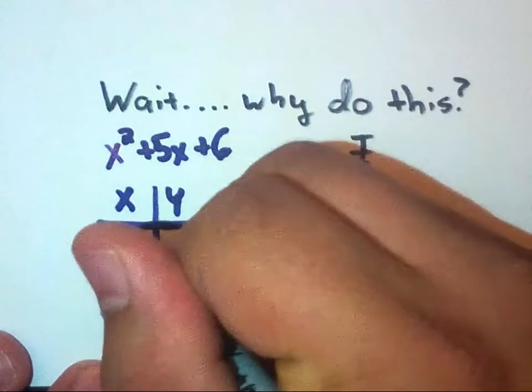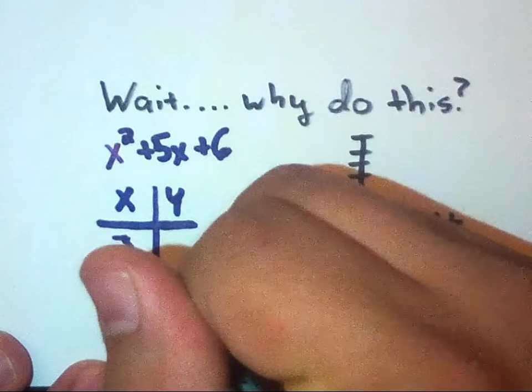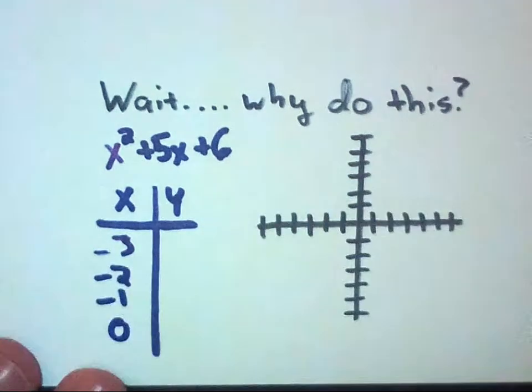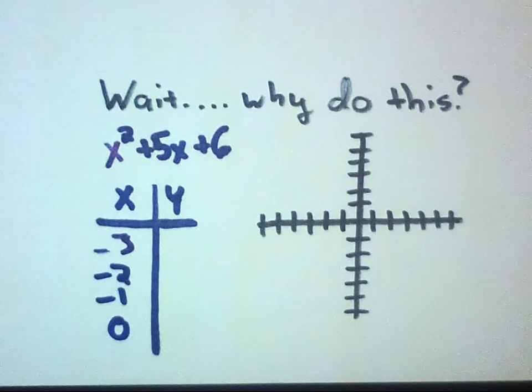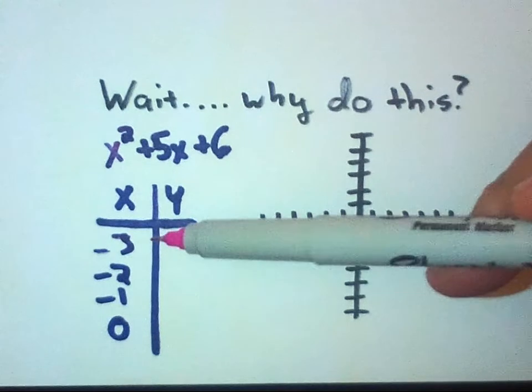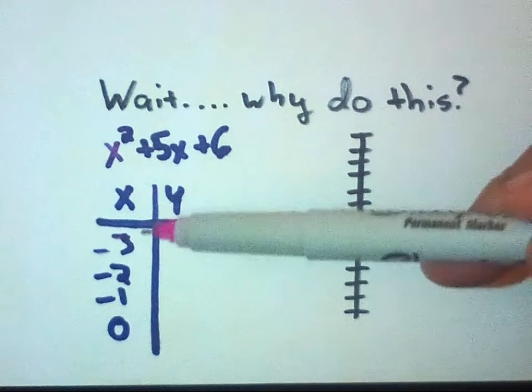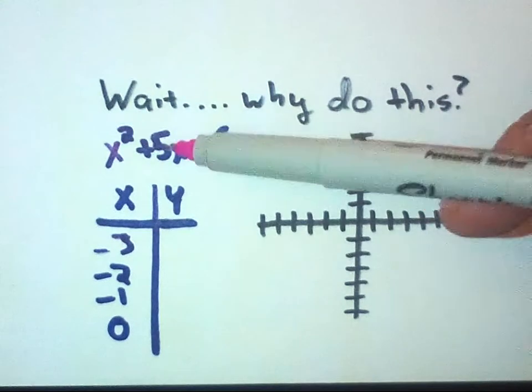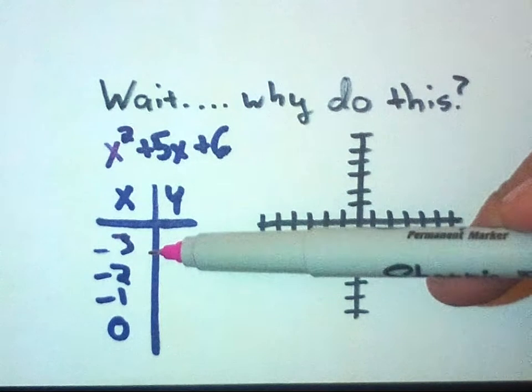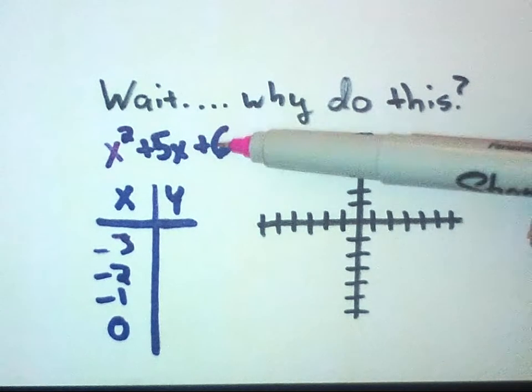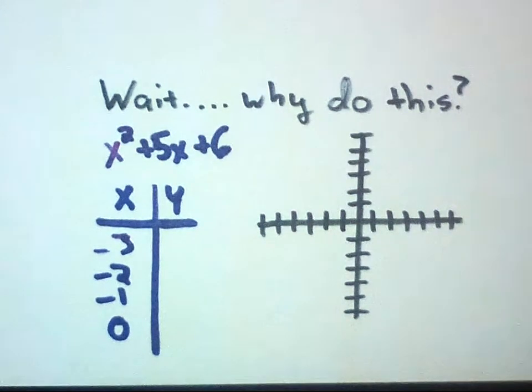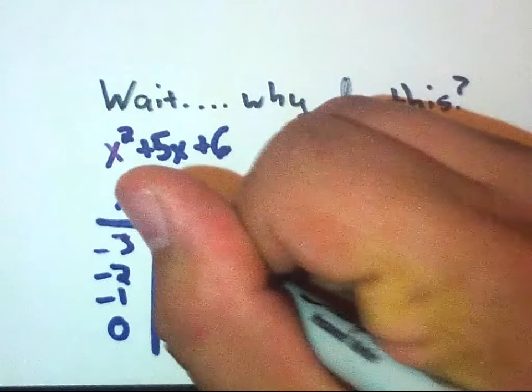So I'm actually going to use -3, -2, -1, and 0 as my 4 points, and you'll see why in a second. So when I plug in -3, -3 squared is 9, 5 times -3 is -15, and plus 6, that actually works out to 0.